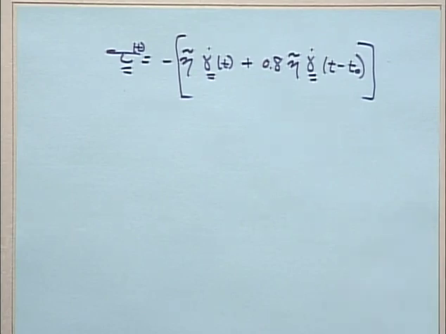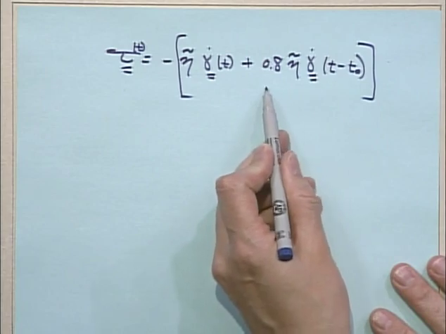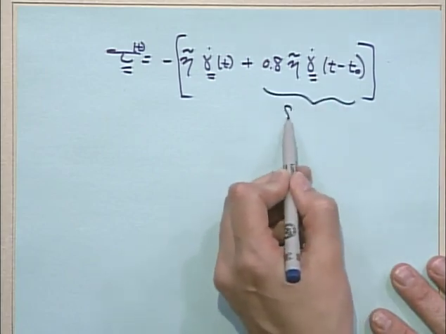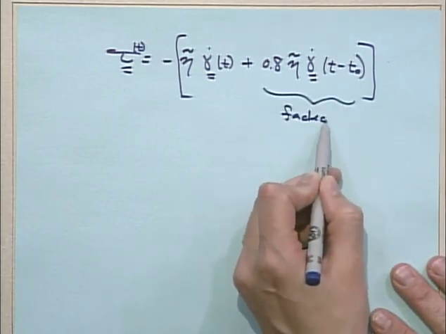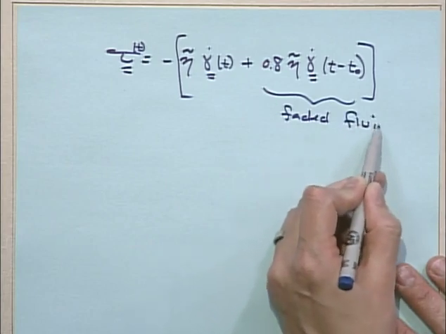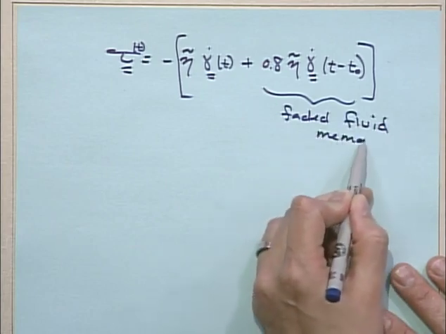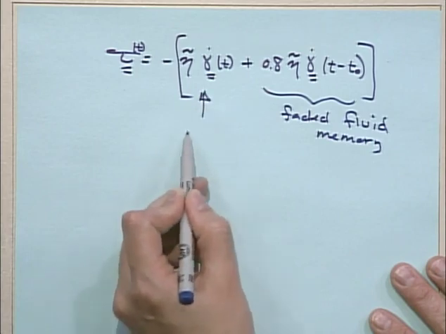Okay? So this is a little tester constitutive equation just to see what doing that kind of thing does to the model. So this is fluid memory, but it's also fading. So this is faded fluid memory. And this is a pure Newtonian contribution.